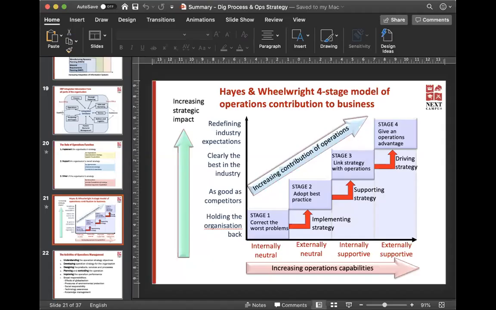Okay, so this is the slide that you need to consider. Can everyone see this?